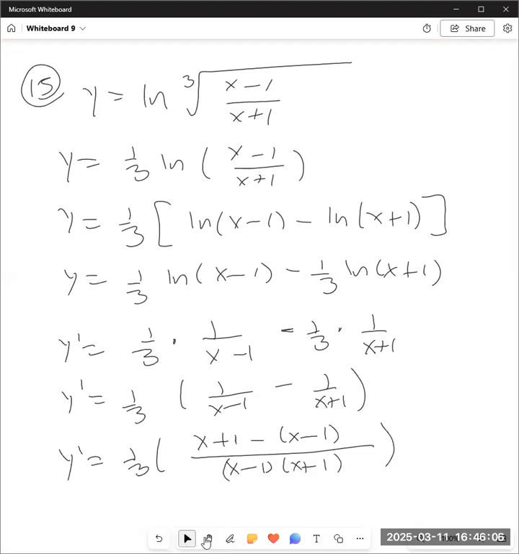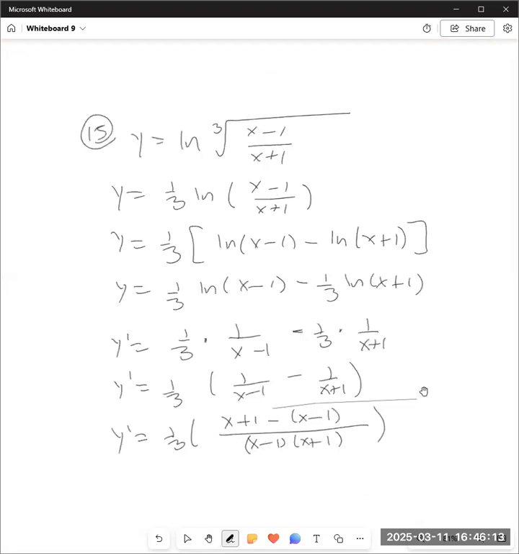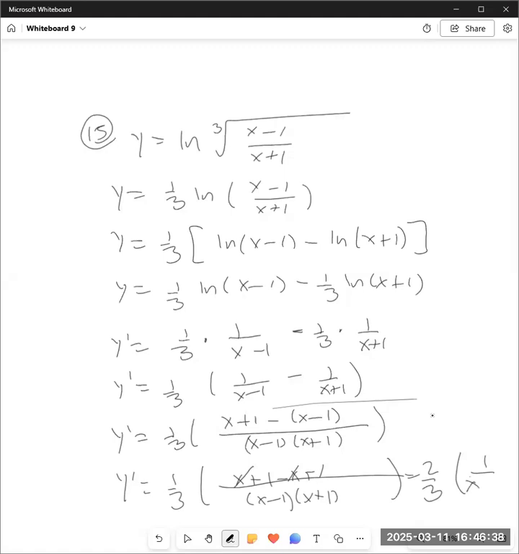So y prime is 1/3 of x plus 1 minus x plus 1 over x minus 1 times x plus 1. x minus x is 0, so that's 2. 2/3 times 1 over x squared minus 1, like that.